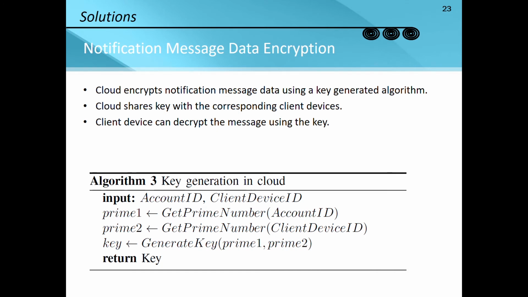When the client application receives the encrypted message from the cloud, it decrypts the message using the key. As the key is generated based on account ID and client device ID, it is not possible for other devices to extract the unauthorized message.